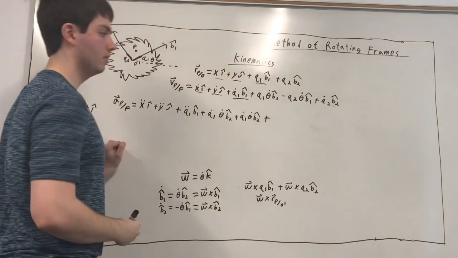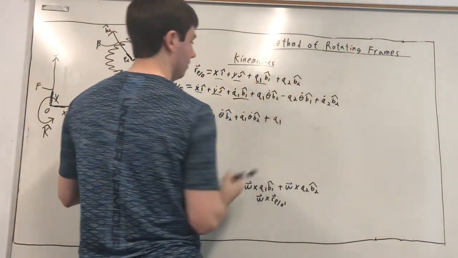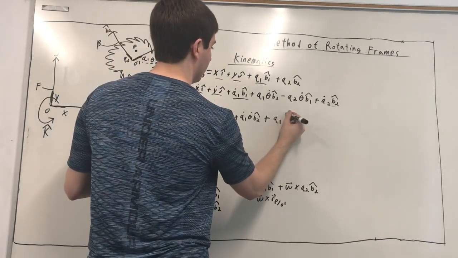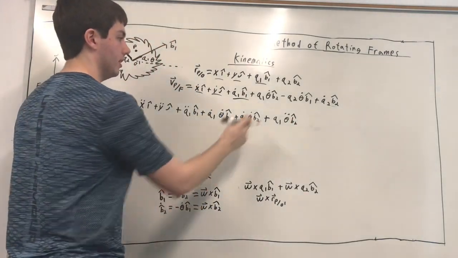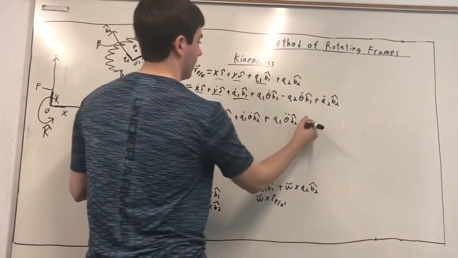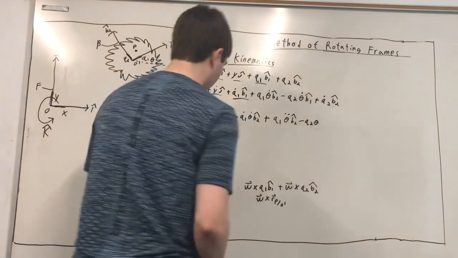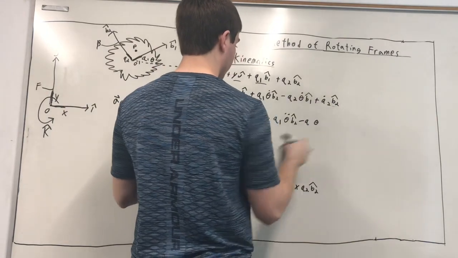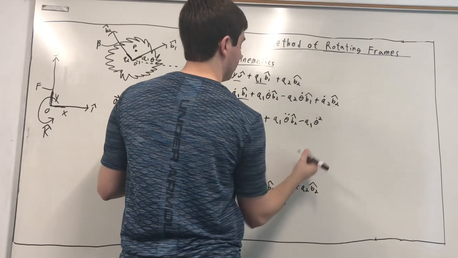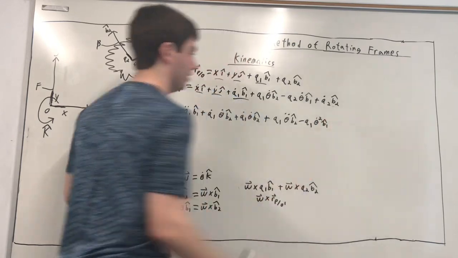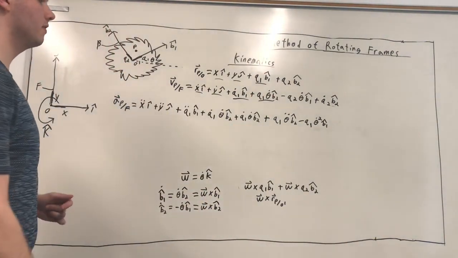Plus Q1 theta double dot B2 hat. And the last part is minus Q1, my bad, theta dot squared B1 hat. So that is the first 4 terms, taking the derivative of them.